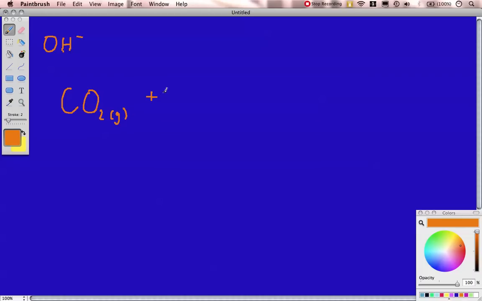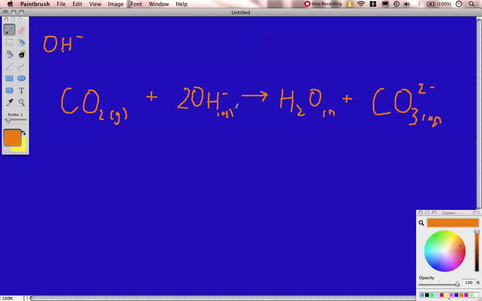So, carbon dioxide plus 2 hydroxide ions yields water and a polyatomic ion. And hopefully you guys can see that really the only polyatomic ion that you can form from this setup is carbonate, CO3 2 minus. And guys, these ions will be aqueous and the water will be a liquid.